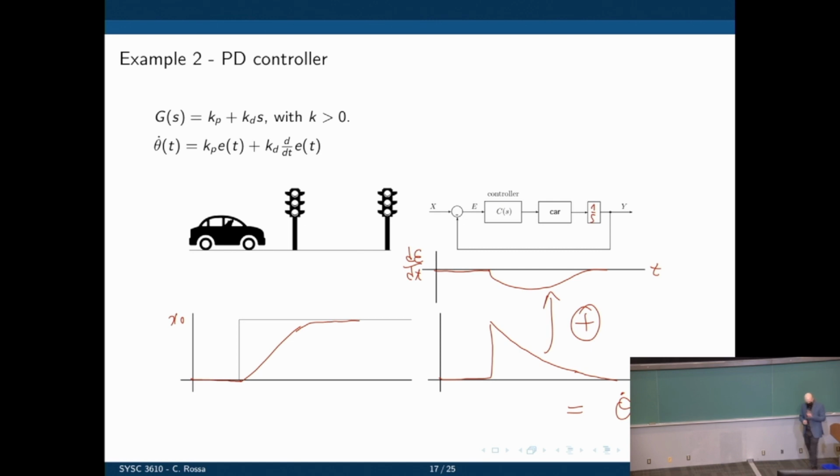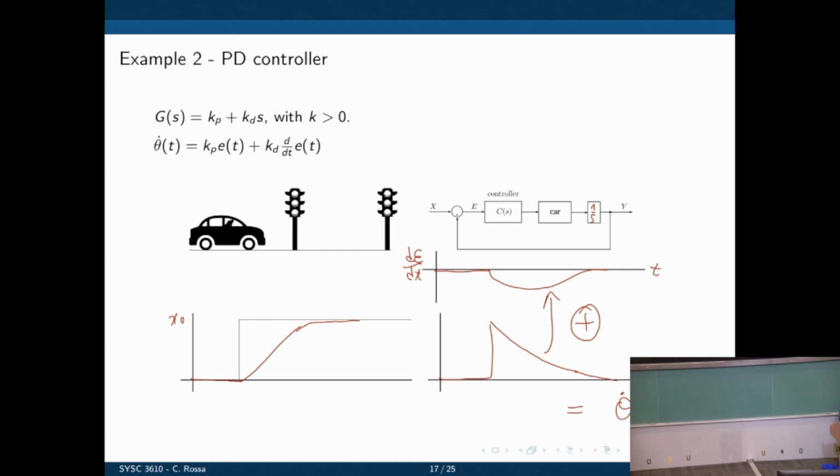Well, in a steady state, if you actually have no steady state error, you are not moving the pedal at all, just holding it at a given position. Okay. In this case here, it will lead to 0. Okay, so the derivative component will help eliminate the steady state error.